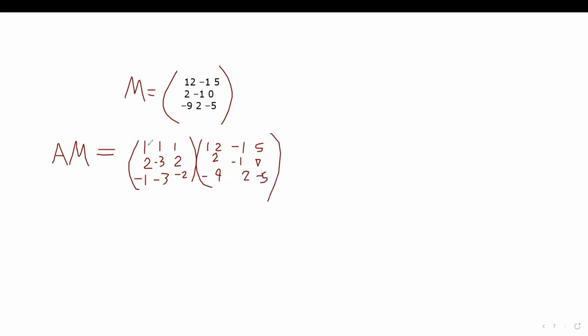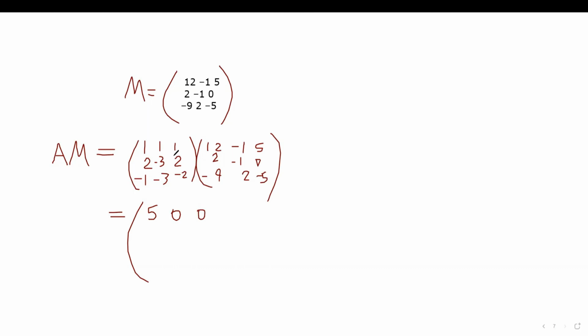Multiplying these two matrices, we'll go row by column. So this is going to be equal to, this time this is 12 plus 2 is 14. 14 minus 9 is 5. We'll go row by column, that's minus 1. Minus 1 plus 2, this is 0. Row by column, we're going to get 5, 0, minus 5, that's 0.